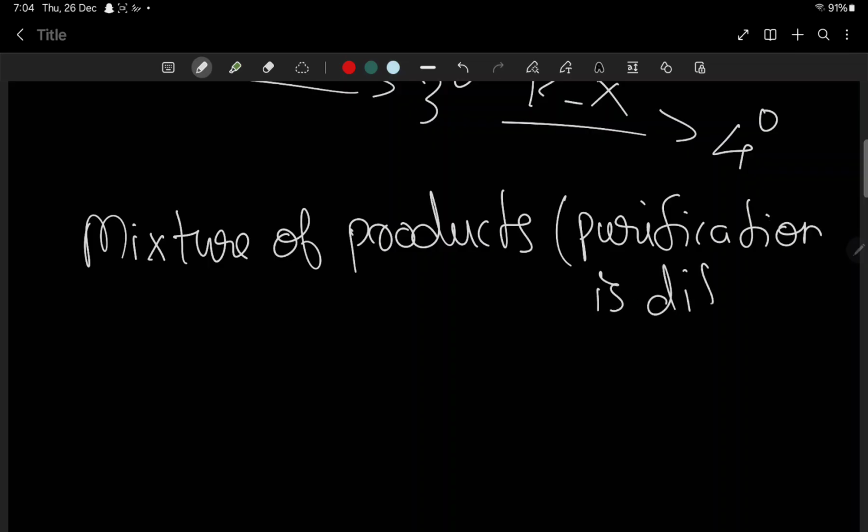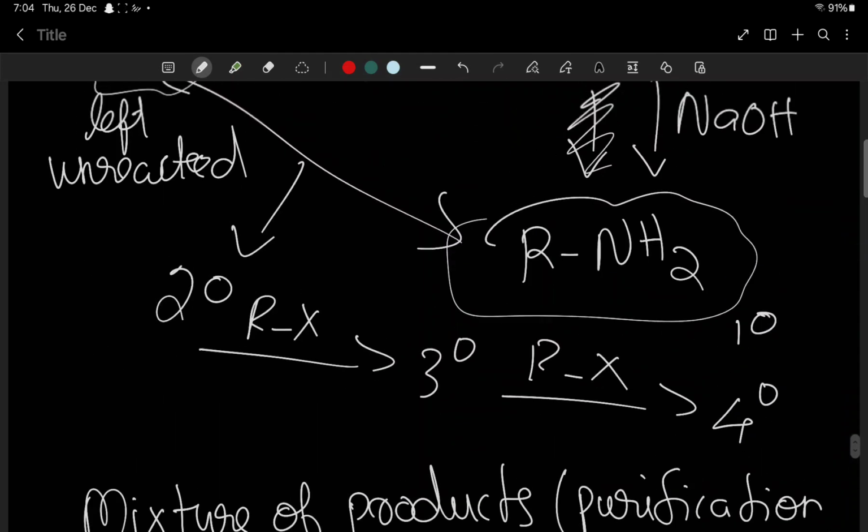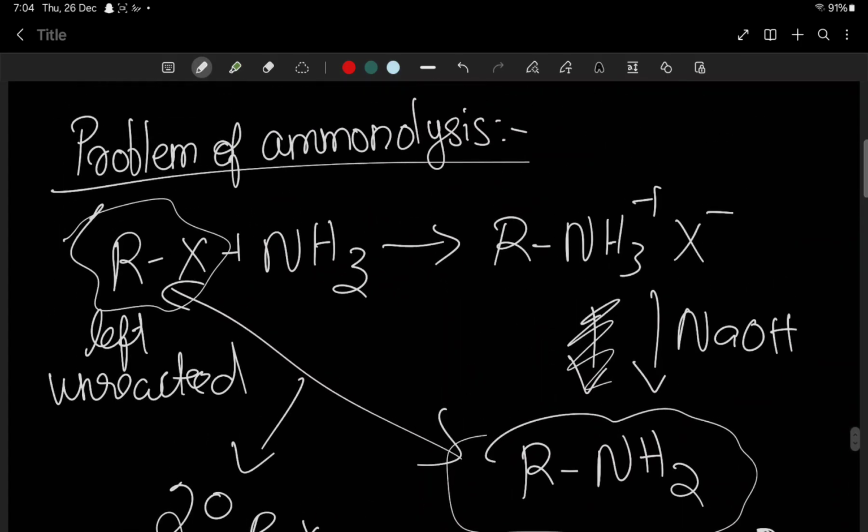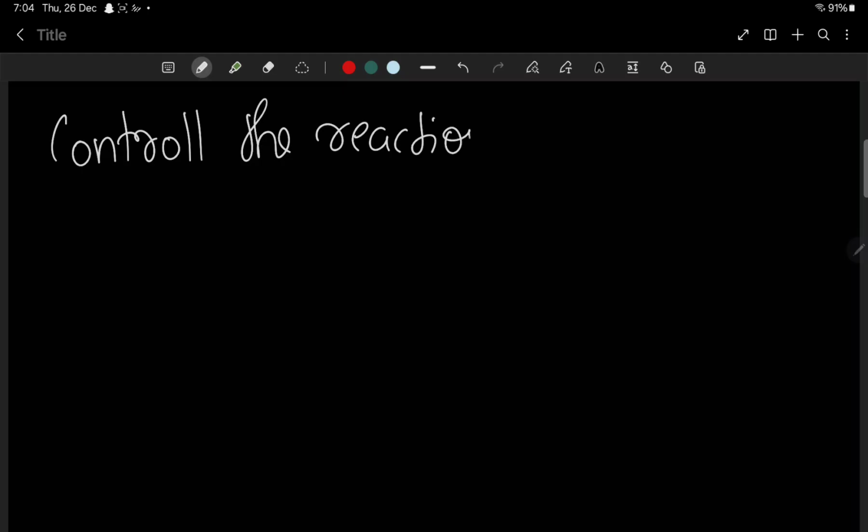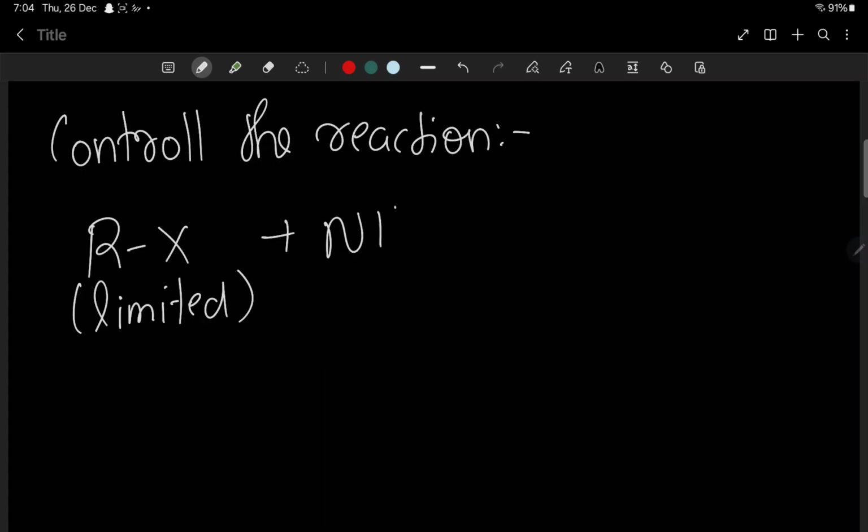Purification is difficult because all have the same constituents like nitrogen and carbon, no that much difference. So it's very difficult to purify. So this reaction should be controlled. How to control the reaction? What people usually do is take RX in a limited amount and ammonia in excess.